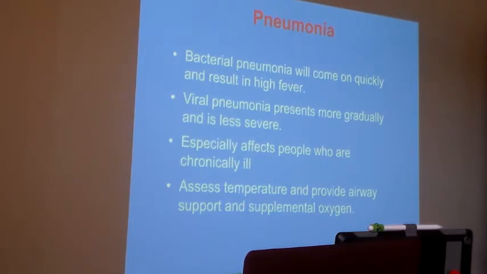Some of the things we want to check is their temperature, but we also want to check their pulse. Because we want to see, is this something that's new onset or is this something that's been going on? If you have a viral pneumonia, though, that's a little bit different. That's usually what we refer to as walking pneumonia. And one of the things that you'll have with this is something called an infiltrate. Infiltrates are areas of the lung that are kind of blocked off.